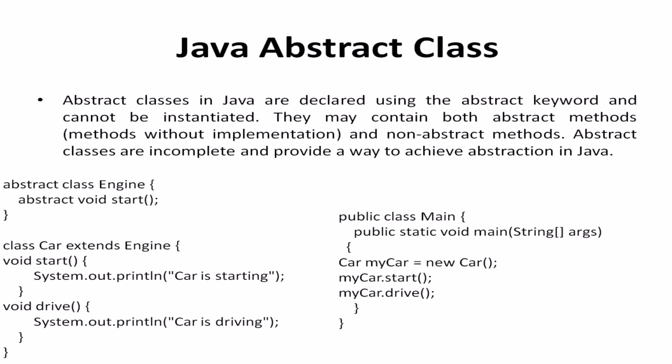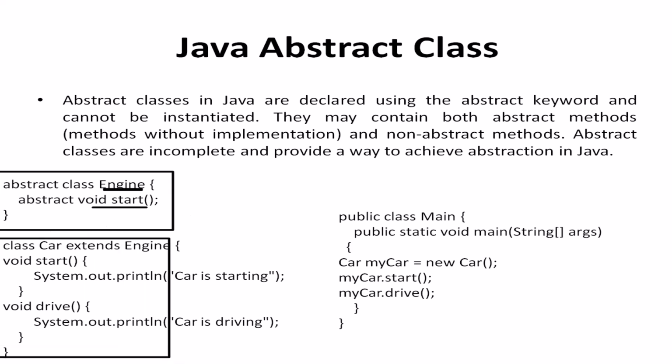Now, for example, consider a class declared with the name Engine. It has only a start method. That start method has to be implemented in the child class, which can be achieved by using inheritance.